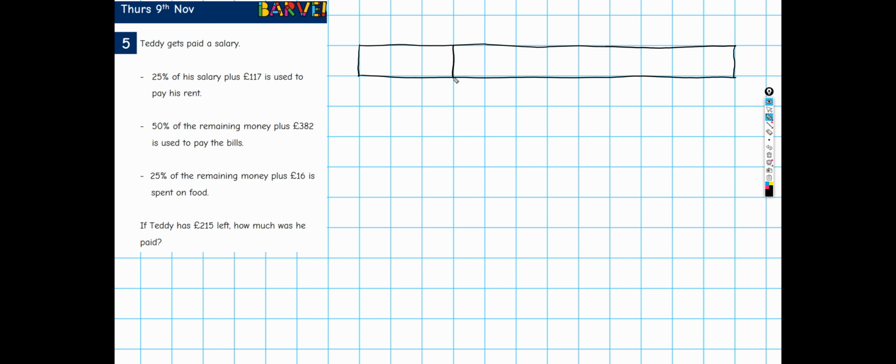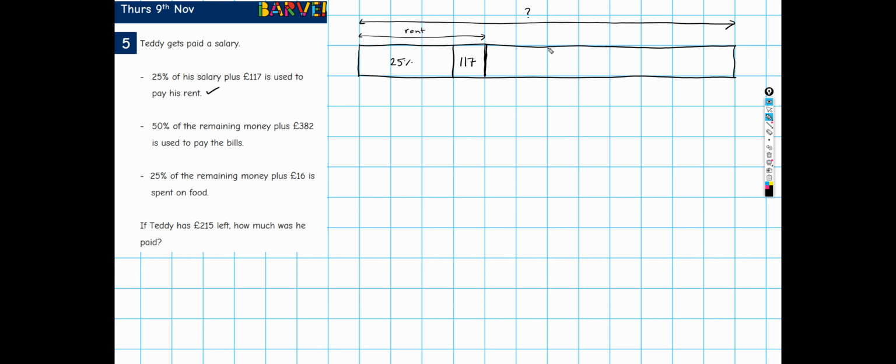So that is 25%, and this is just a completely randomly sized thing. 117, and this is the rent. And actually what I should put in here is our question mark. That's what we want to know. Okay, so we've taken care of that bit of information.